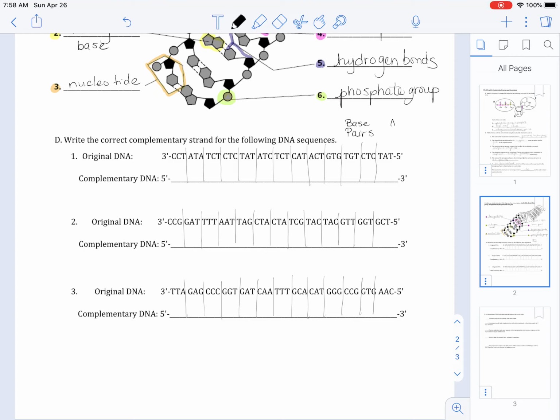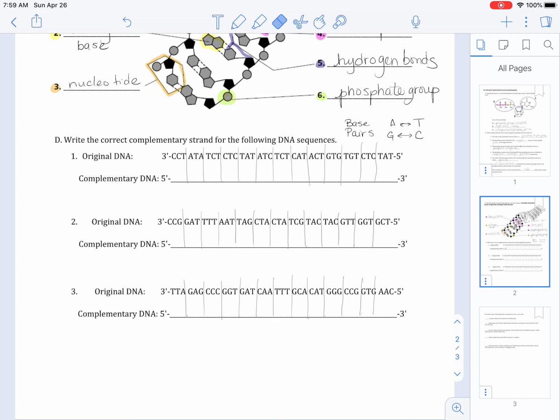Every time you have A, that's going to be base pairing with T, meaning adenine base pairs with thymine. Every time we have G, that is going to base pair with C. So when it comes to this, I'm just going to write the answers as I go along. So in the first one, we have GGA.